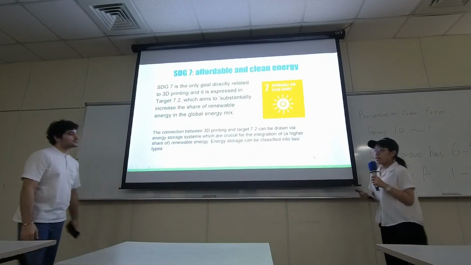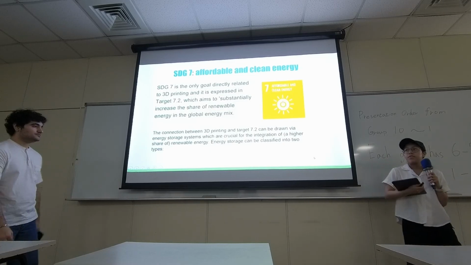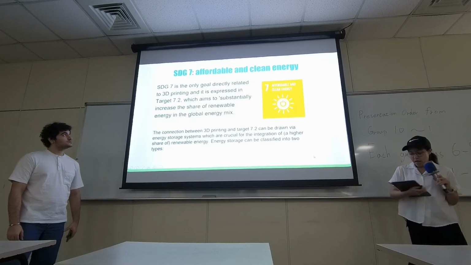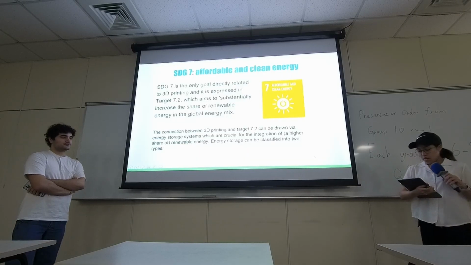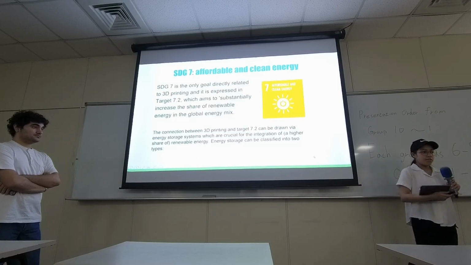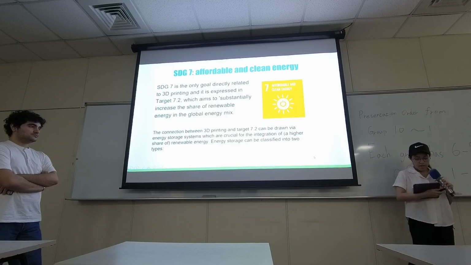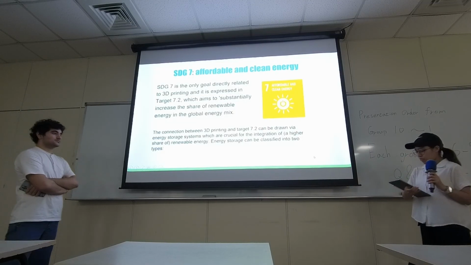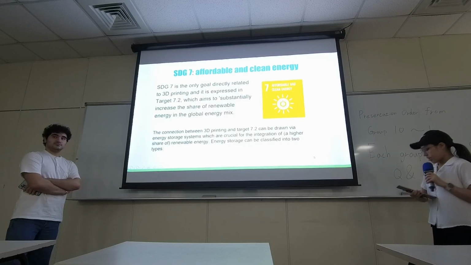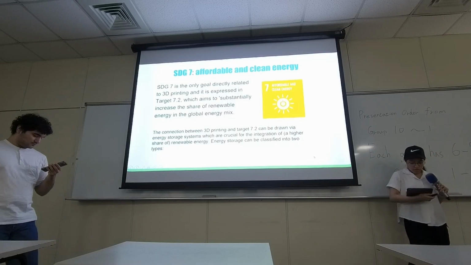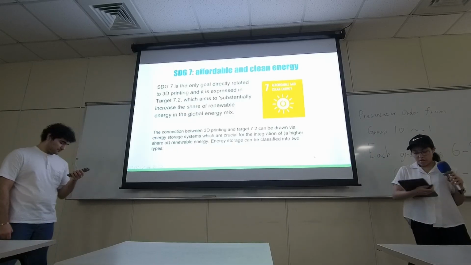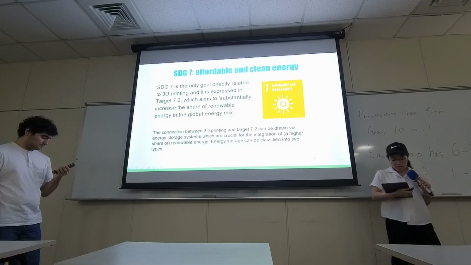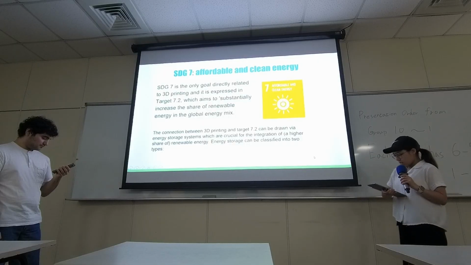We also included a second SDG, which is SDG 7, that focuses on affordable and clean energy. The way this SDG is connected to 3D printing is that it aims to increase the use of renewable energy globally. 3D printing can help with storing energy and using more renewable energy resources.